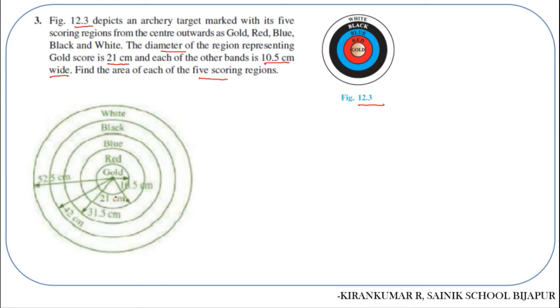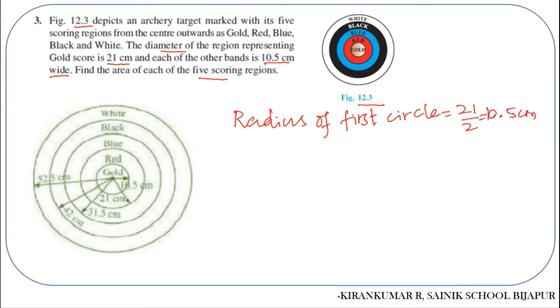Sorry, the diameter is given, right? Diameter is 21, so the radius will be 10.5. Now let me mention the radius of the gold region, which is first circle. So radius of first circle is 10.5. It's not 21, because 21 is the diameter. Radius of first circle, which is gold region, which is 21 upon 2, it is 10.5 centimeter.